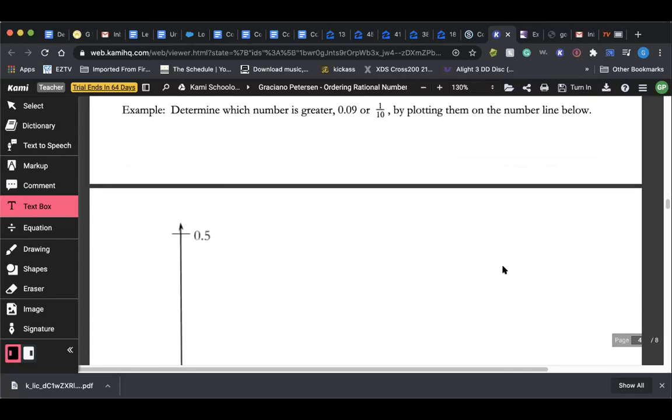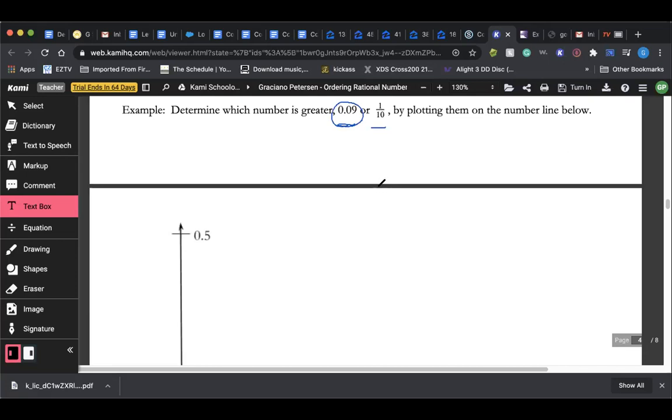In this example, we have 0.09 or 1/10. So we're working with 0.09 and 1/10 to determine which one is bigger. We're going to keep the decimal this time, and I'm going to convert this fraction into a decimal.